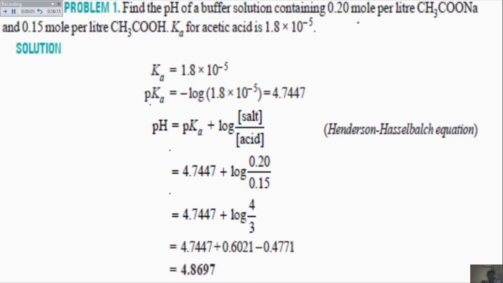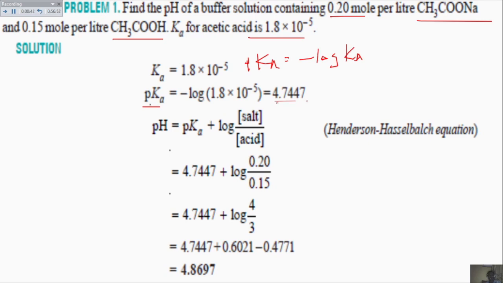Therefore, in this particular question, let's quickly look at it. Find the pH of the buffer solution containing 0.20 mole per liter of water. This is the salt, while there is the acid. You remember it is salt over acid. Then Ka for acetic acid is given, but you need to understand that we need pKa. We need to know that pKa is equal to minus log Ka.